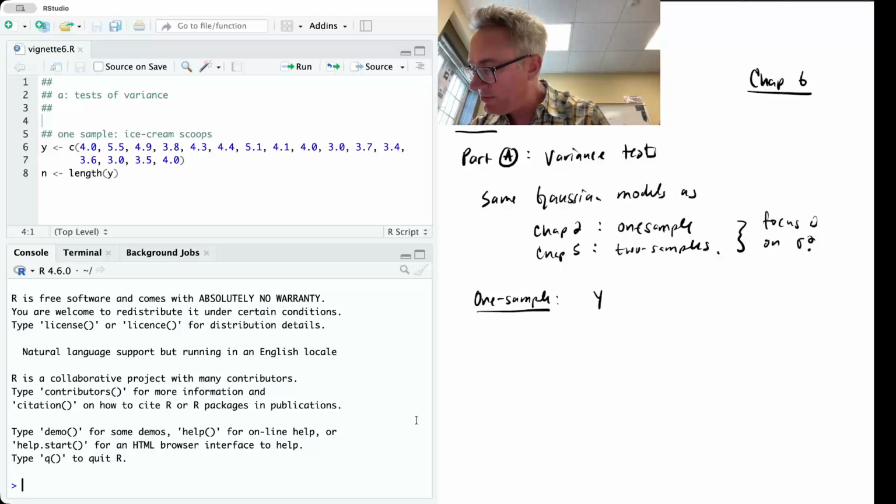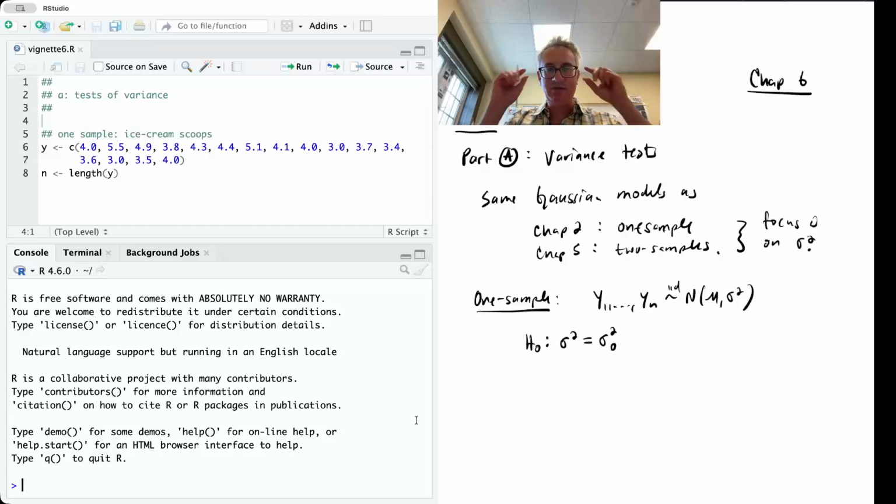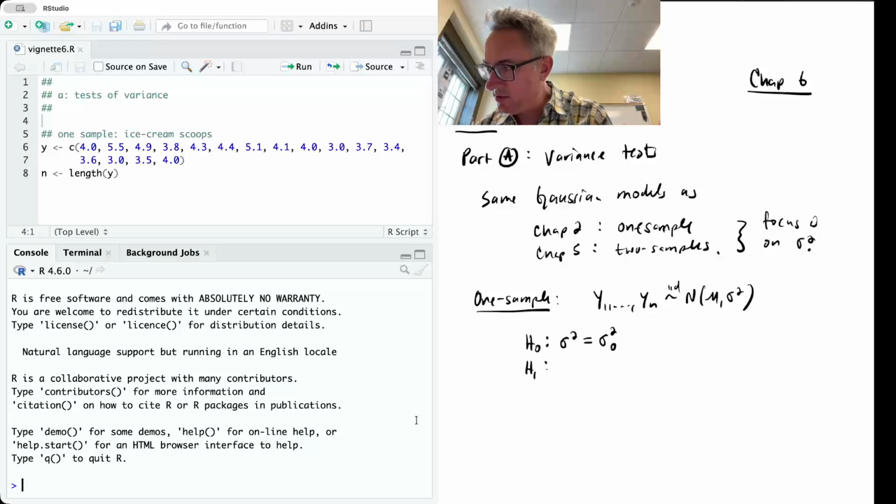Recall from chapter 2 that the model is this one. So that's the same, but the focus now when testing is on the variance parameter. So we want to know if the variance takes on a particular value that I'll call sigma naught squared versus the alternative that it doesn't.